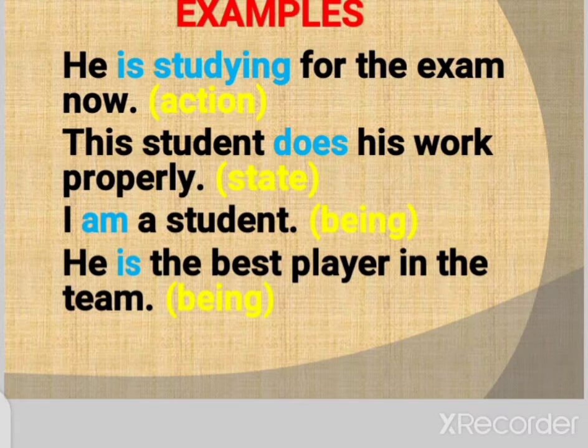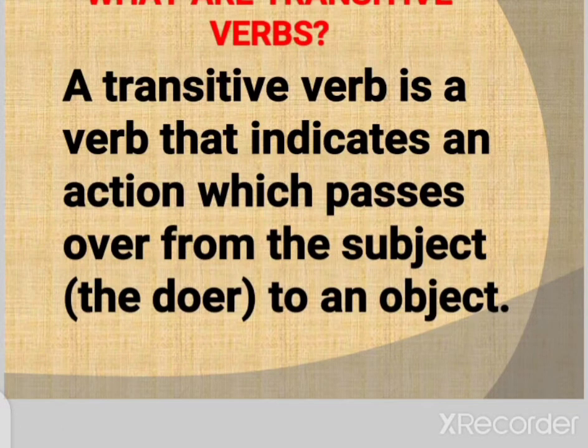He is the best player in the team. It is also a being. So a verb is a word which describes an action, a state, or a being. I hope it is very clear when you compare with the definition of a verb. Now let us go to the topic.